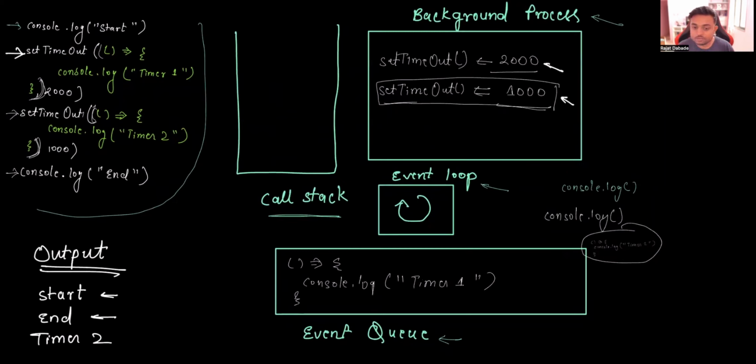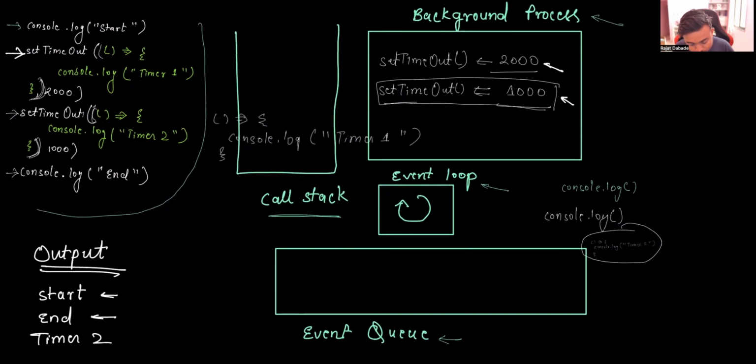And now the event loop again will see whether my call stack is empty. Yeah, the call stack is empty. If my event queue is filled with something, yeah, I do have something in my event queue. Let's transfer it to the call stack. So here, this whole function will be transferred to the call stack, right?